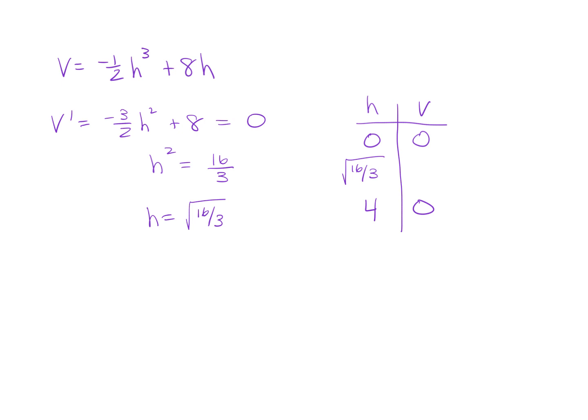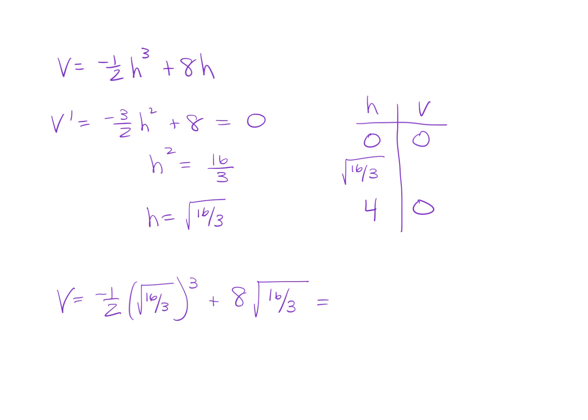And that is going to give me the maximum volume. If I put in root 16/3 here, I'm going to get some number that is positive. I guess I could figure it out. Let's do it. So I have volume equals negative a half times the square root of 16/3 cubed plus 8 times the square root of 16/3. If I cube this, I'm going to get 16/3, and then I'm going to have a root 16/3 left over.